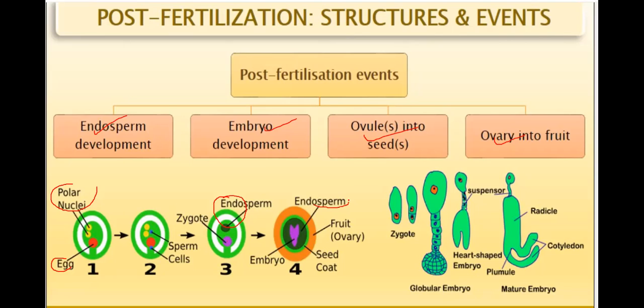Then there is the formation of endosperm. Then this zygote will develop into the embryo, and the ovary will develop into fruit, and the ovule into seed. So how does the zygote develop? This is a zygote.